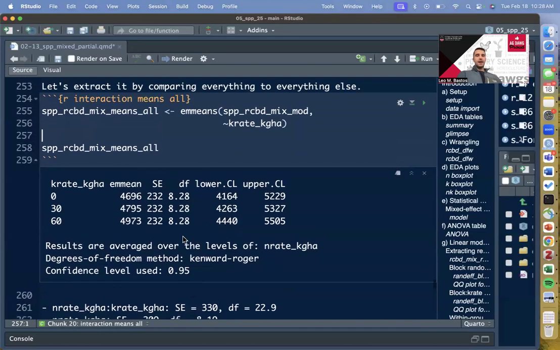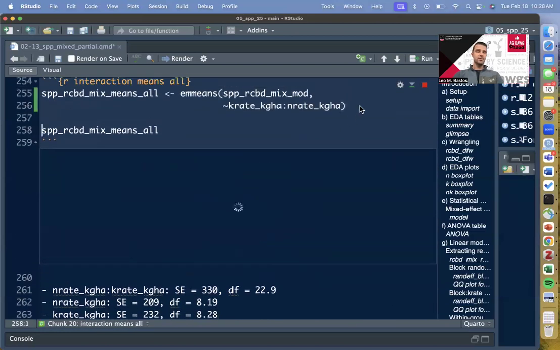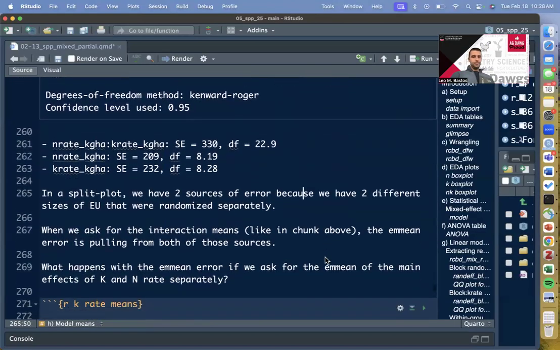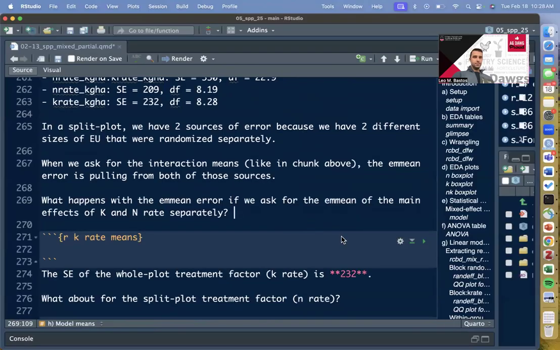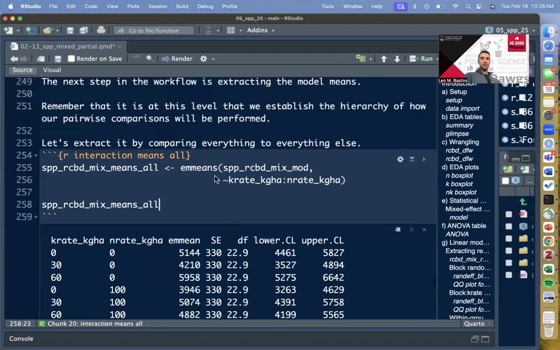Nice. I just want to go back here to the potassium rates and the nitrogen rates, in grams per hectare, that we had originally. I just wanted to show you how that error was changing because we have multiple error sources. Basically, these chunks just show you exactly what we did above, but for you to keep the code.